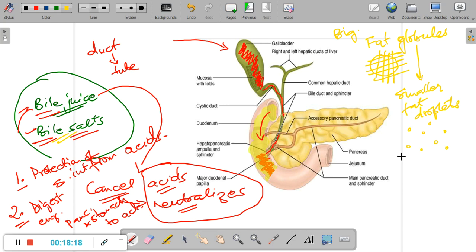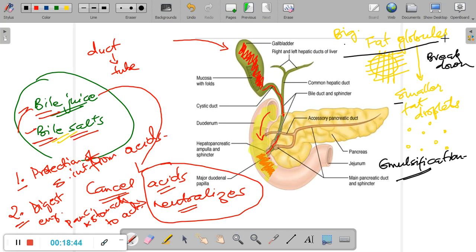This process of breaking down big fat globules into smaller fat droplets is called emulsification. So what is emulsification? The breakdown, don't call it digestion, call it breakdown, of large or big fat globules into small fat droplets is called emulsification.